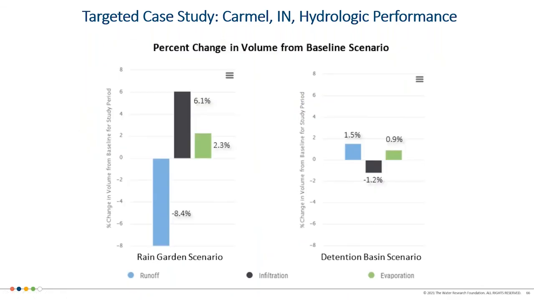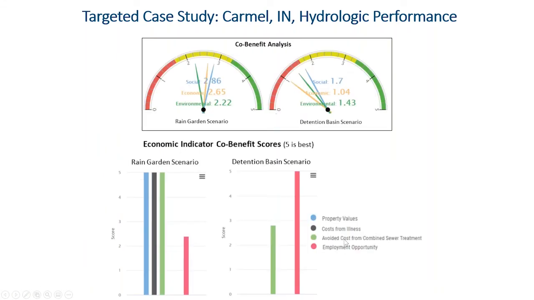However, if the community is more focused on something like decreasing runoff, then maybe we're going to be looking at the rain garden. And again, if you're trying to think about overall sustainability or long-term avoided costs of combined sewer treatment, which is this green bar here, maybe you're looking at a rain garden scenario.